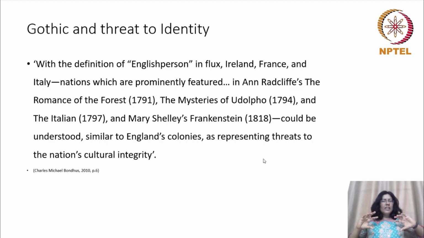So the threats posed to the nation's cultural integrity are not on homeland but elsewhere. So it is very interesting how the threats seem to be coded in foreign soil, and those are some of the threats. The fiction seems to tell its readers that the home ground should be aware of, be cautious of.